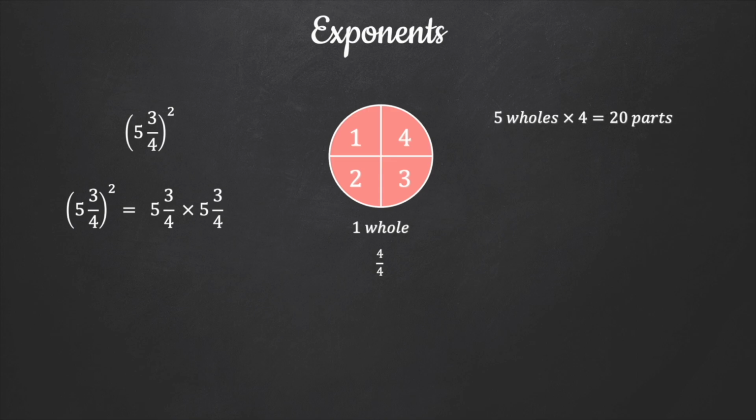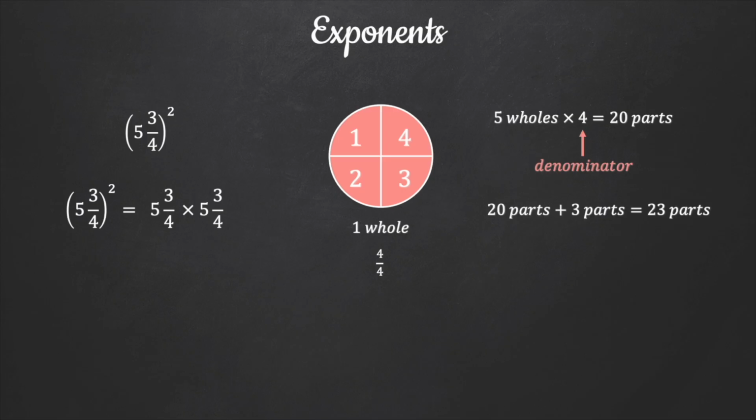Because we have 5 wholes here, we're going to multiply it by 4, which is our denominator, and the amount of pieces it takes to make a whole, and that would equal 20 parts. That means if we had 5 wholes, we would have 20 parts shaded. And in order to make a whole, we need 4.